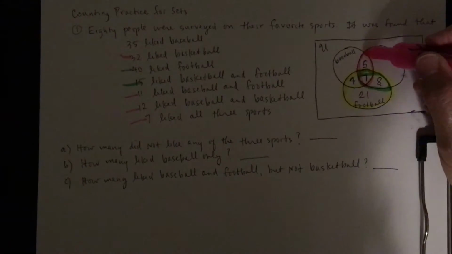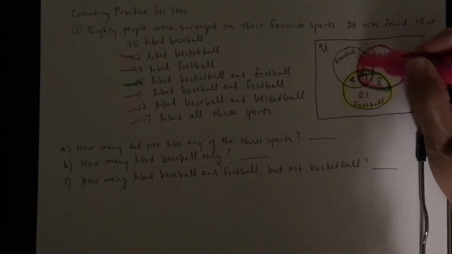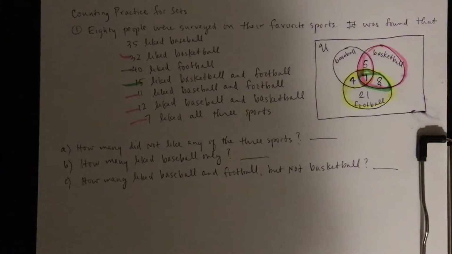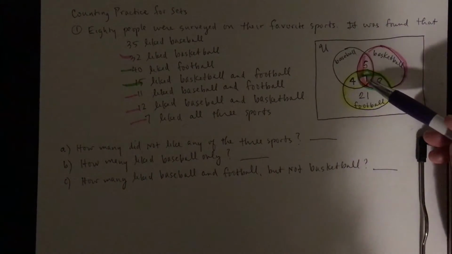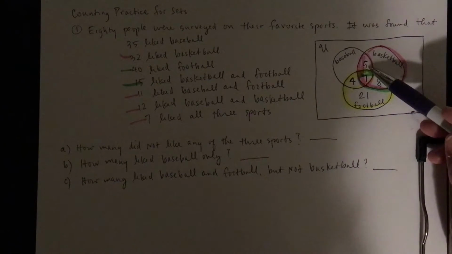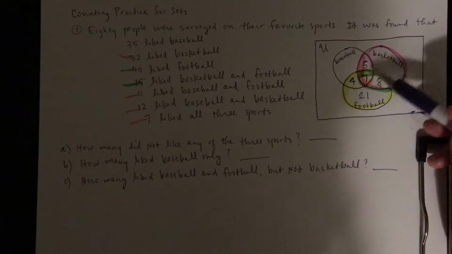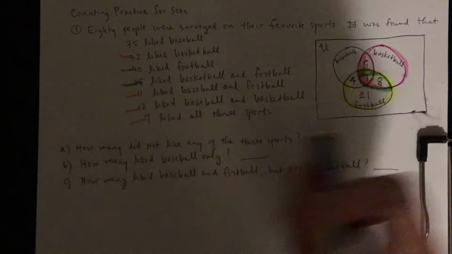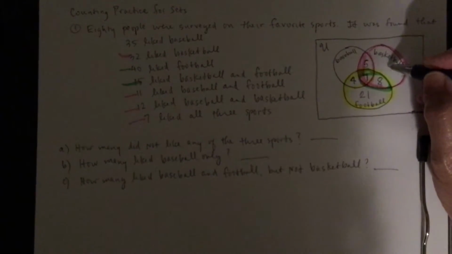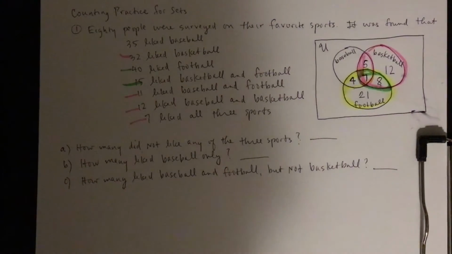And if I just kind of circle my basketball area on the Venn diagram, I can see that we already have 8 plus 7 plus 5 people counted. That totals 20 already in the chart. So I need to take 32 and subtract 20. 32 minus 20 gives us 12. 12 people liked basketball only.